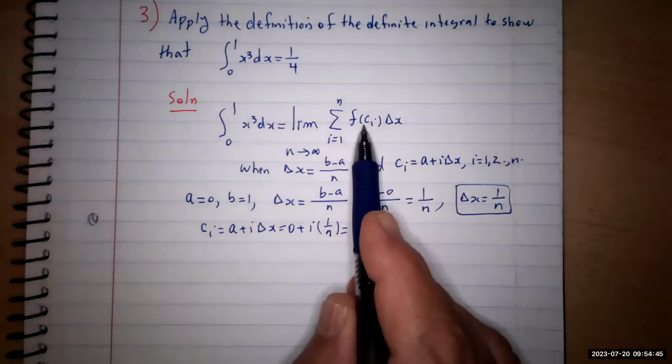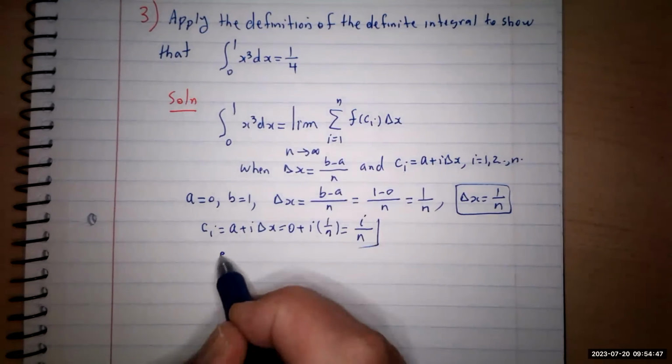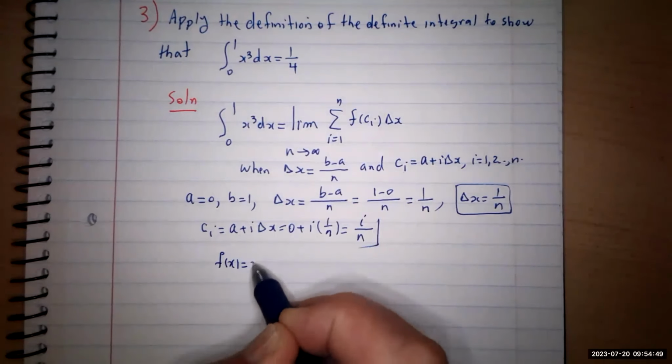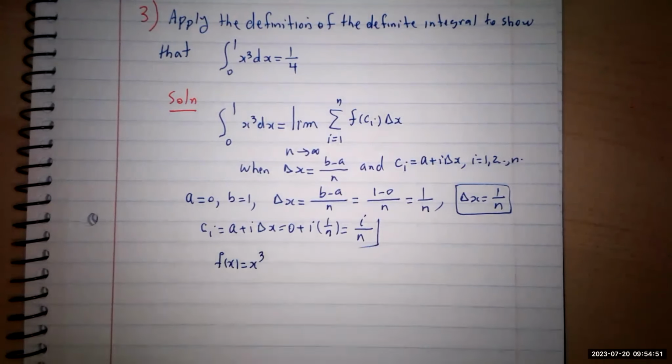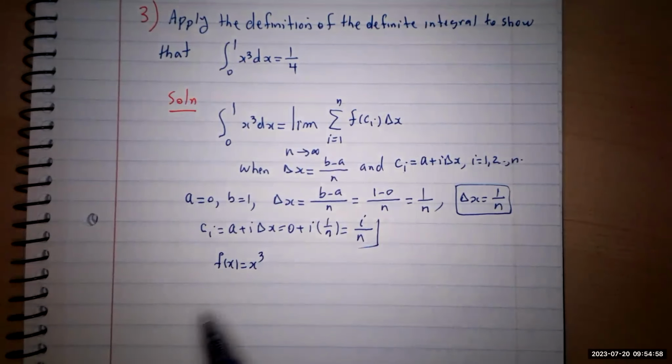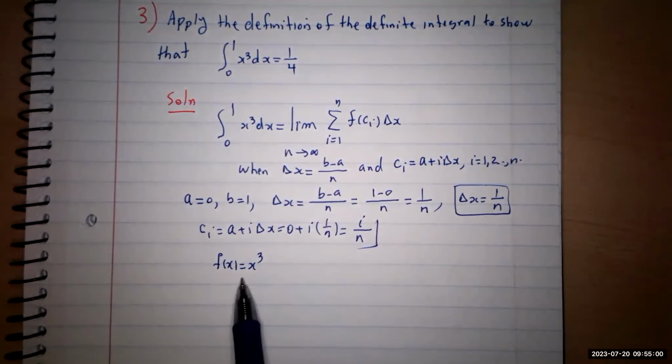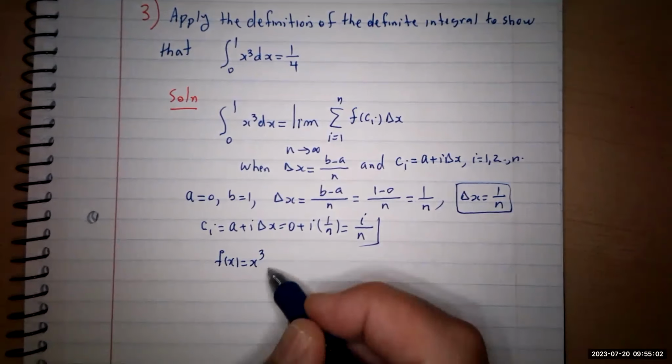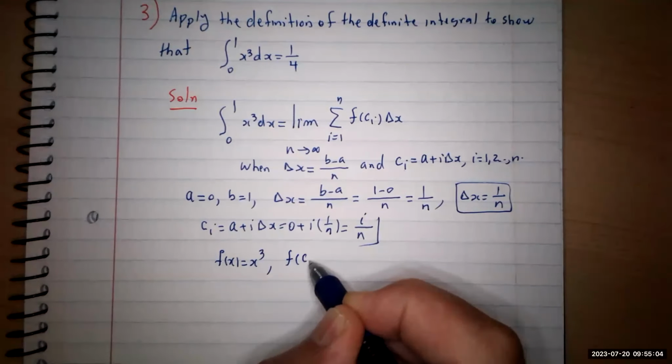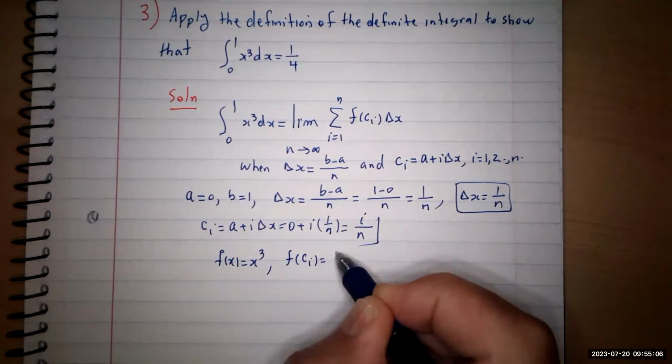Step 3, f of c_i. f of x is x cubed. It's going to be x squared or x cubed; we prefer x squared for the test, but it's not a big deal. So f of c_i is going to be c_i cubed.